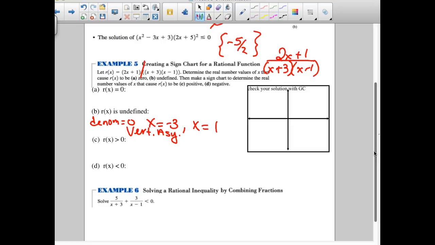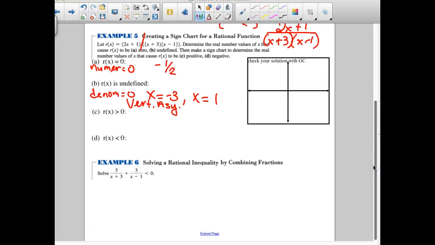All right. Where are we equal to 0? Remember, zeros are the same thing as x-intercepts, right? So where did we look for those? On the top. So what makes the numerator equal to 0? Okay. So when we go to make our number line for this, for our sign chart, we're going to have different types of critical values. Some are zeros, some are where we're undefined.